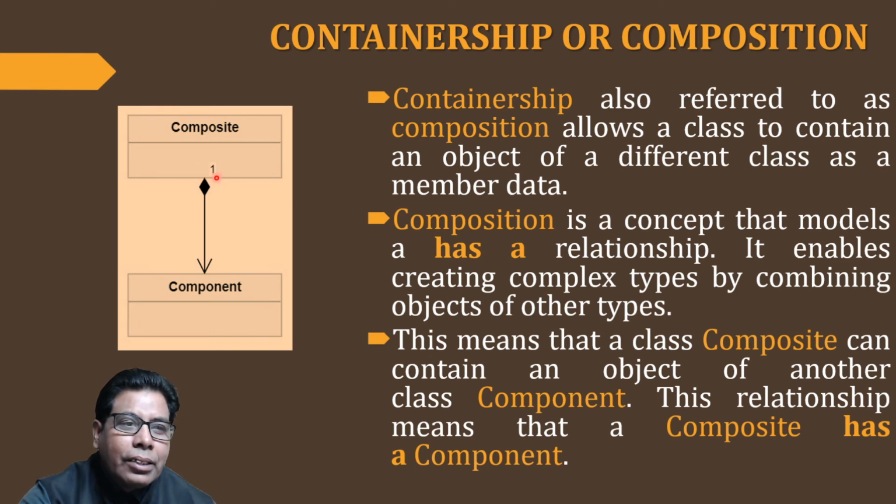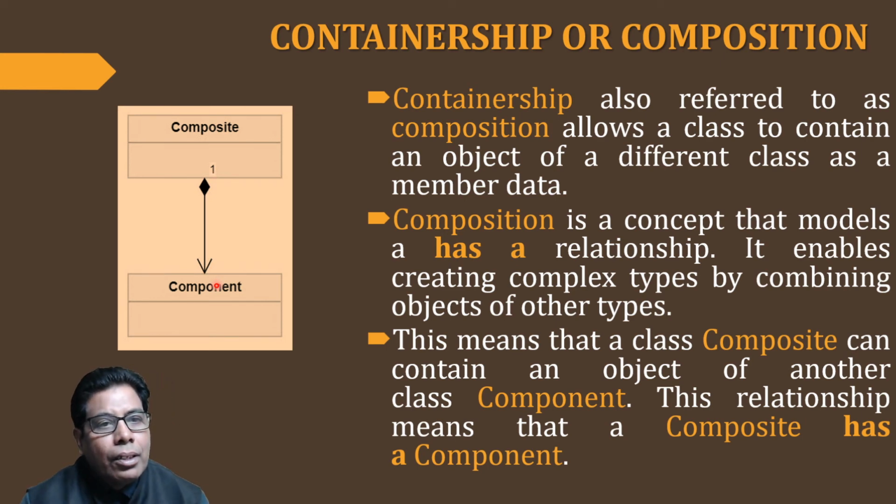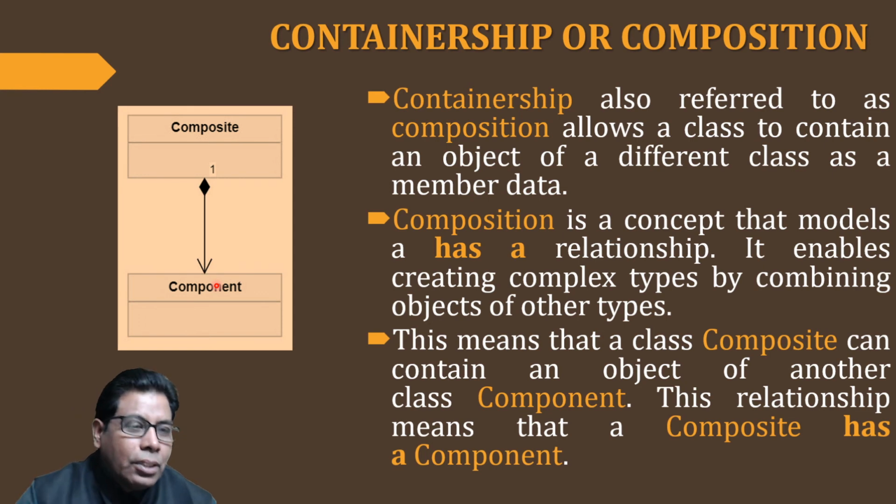So it will contain one member of the component. So this is nothing but containership. It allows a class to contain an object of a different class as a data member. So this composite class will have one data member of the component.